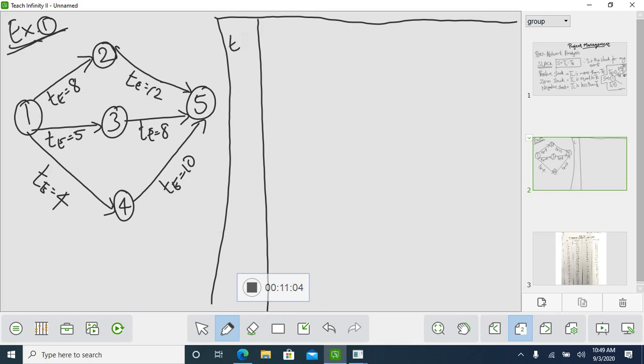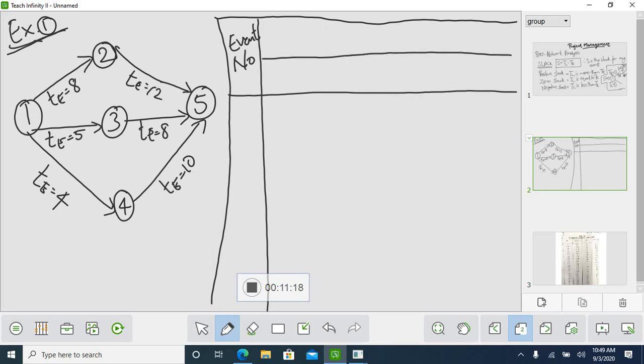Here you will be writing all the events. Tell me how many events you have in this network diagram. Students, just find how many events you have. Then you will be calculating the earliest expected time.